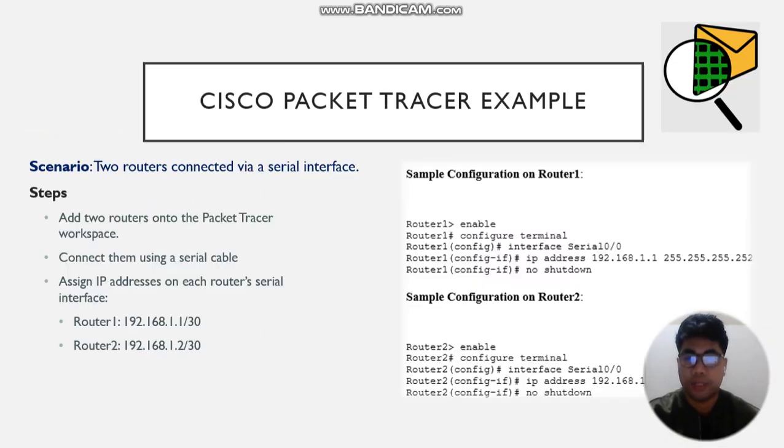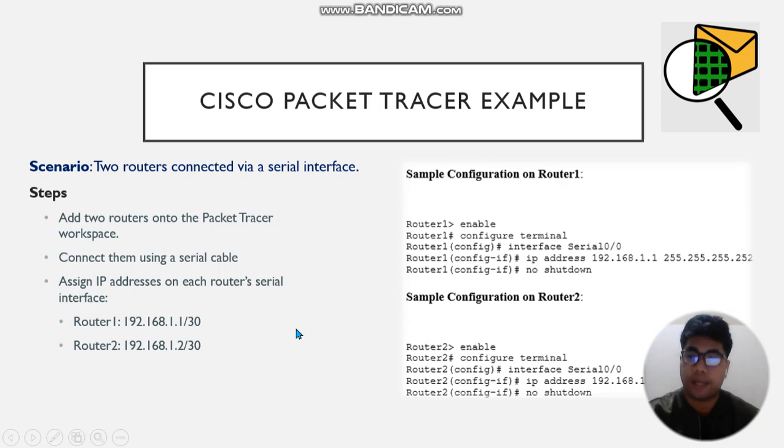I will show you an example in Cisco Packet Tracer that I have made. The scenario is two routers connected via a serial interface. Here are the steps. Two routers are added in the Packet Tracer workspace. They are connected using the serial cable.